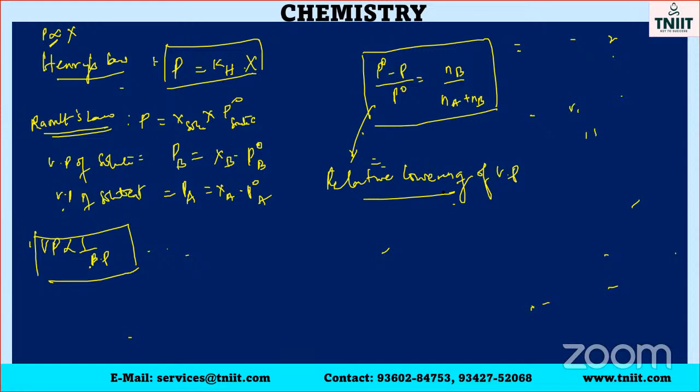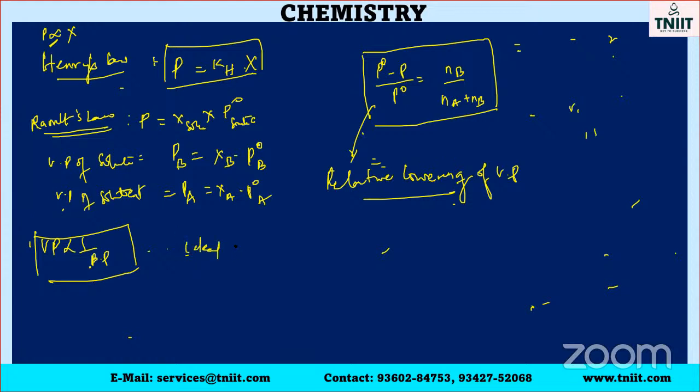This is one more way of defining Raoult's law. All right. So, what is the formula to calculate the relative lowering of vapor pressure? It's NB by NA plus NB. You know how to calculate number of moles? So that we know.